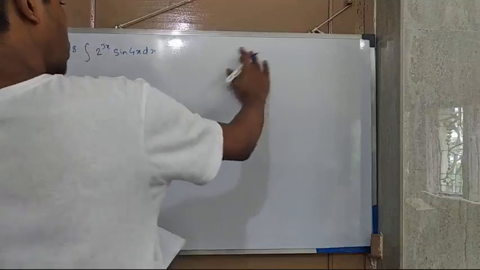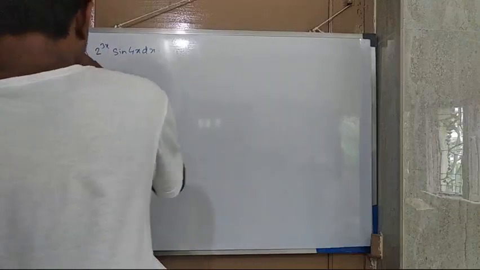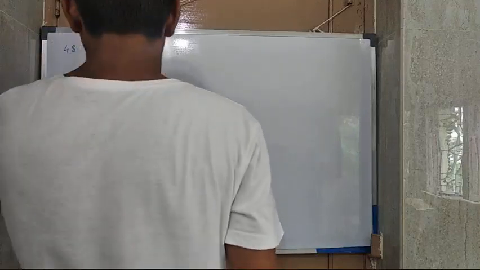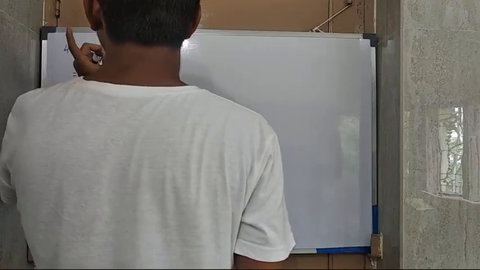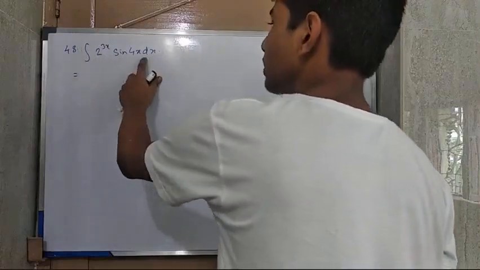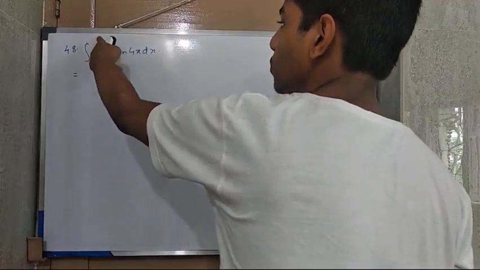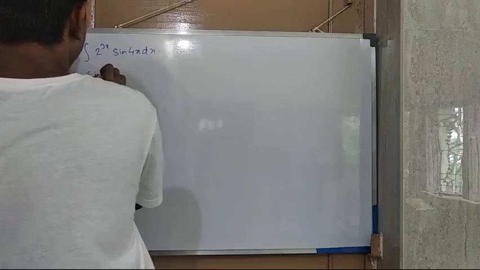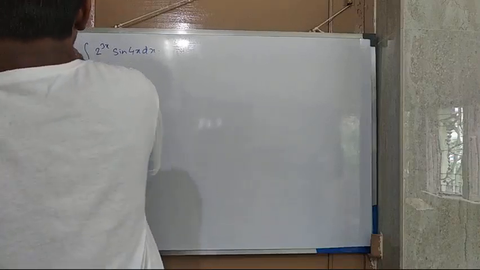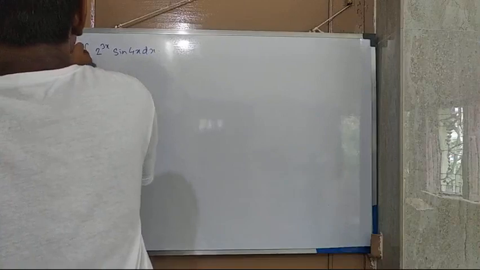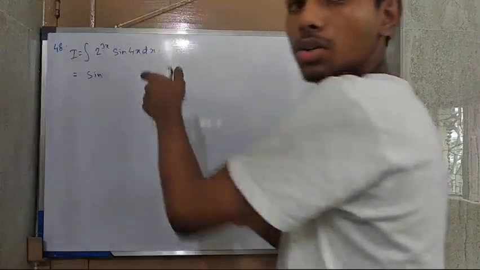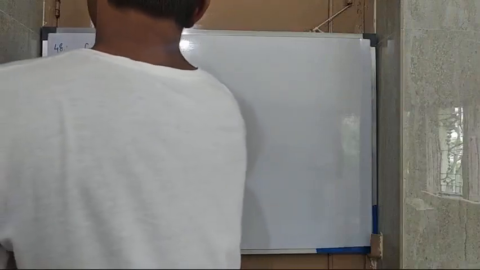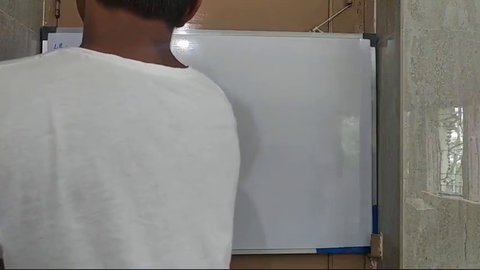So we are going to have sine 4x as the first function and 2 to the power 3x as the second function. First we have to let this be I. Let I be equal to this integral. So this is our first function and this is our second function.